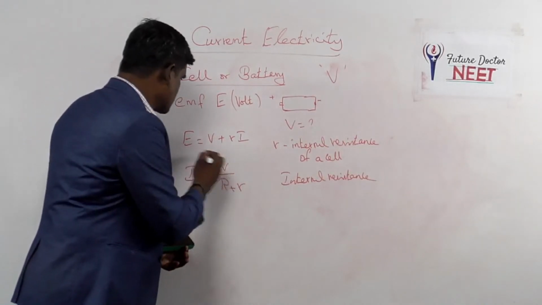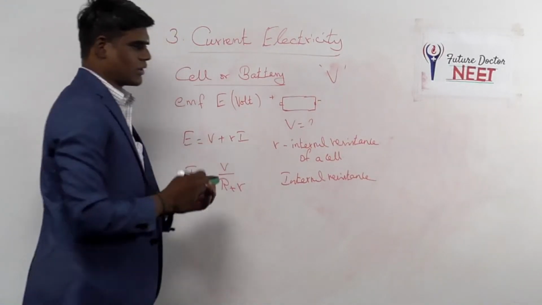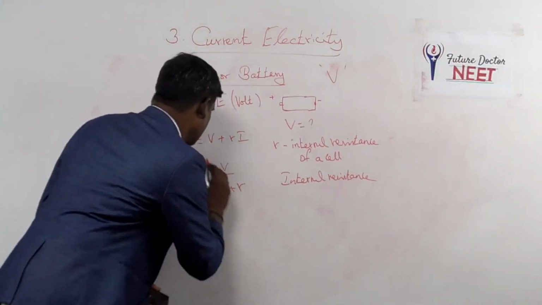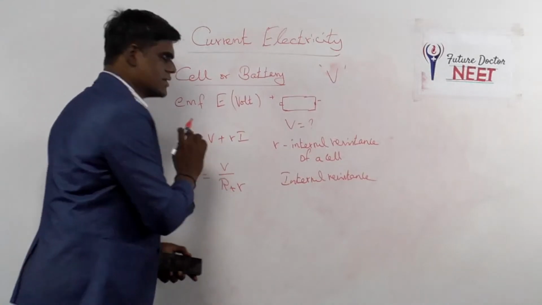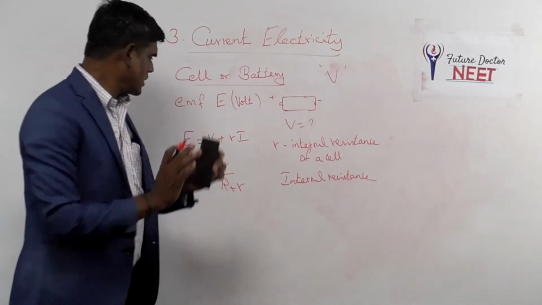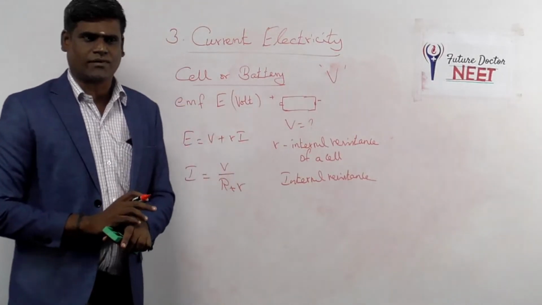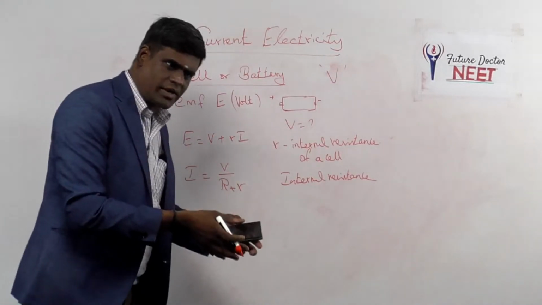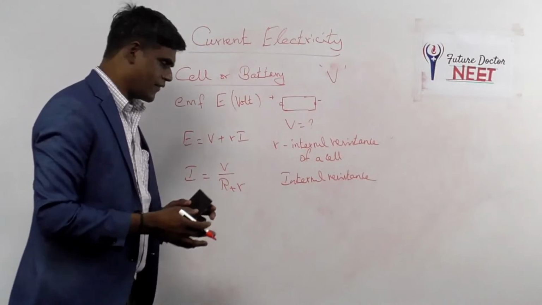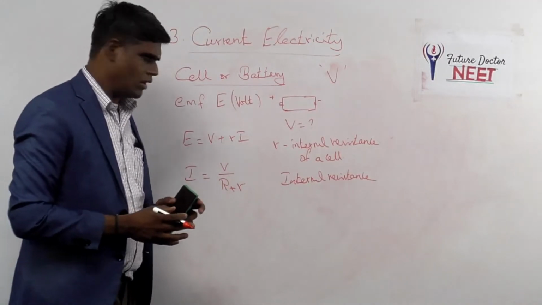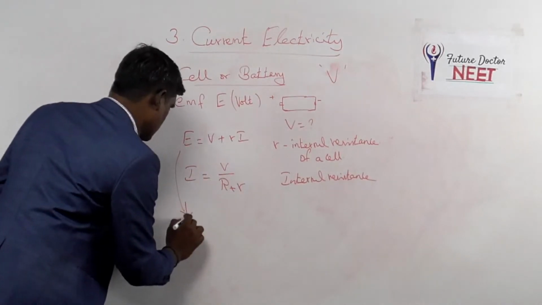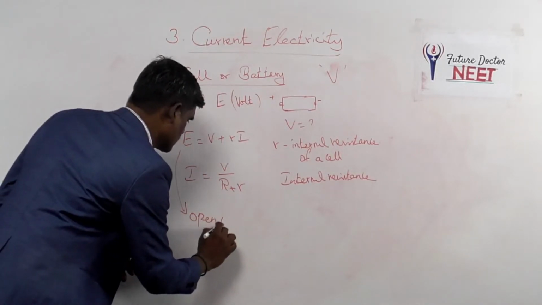There is a small difference between EMF and potential. E equal to V plus RI, where E is the EMF and V is the potential difference. What is the difference between EMF and potential difference? EMF is the value of the potential difference measured in the open circuit.